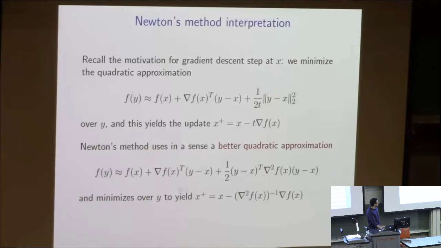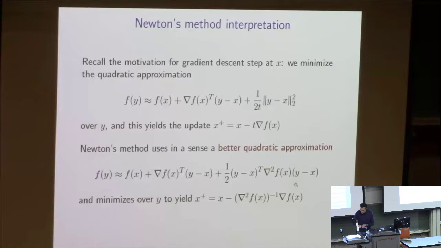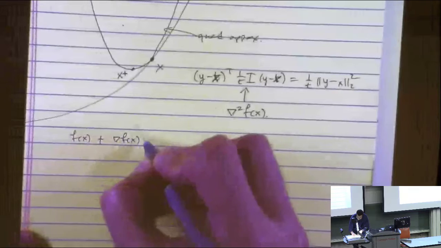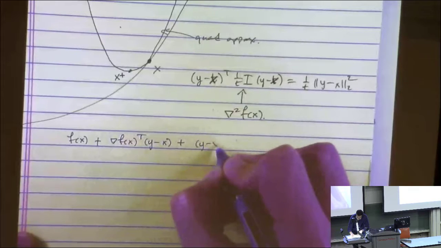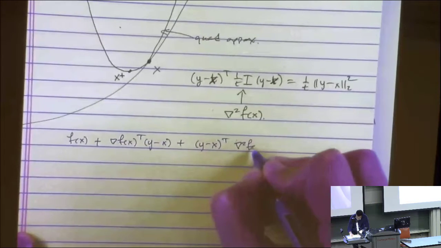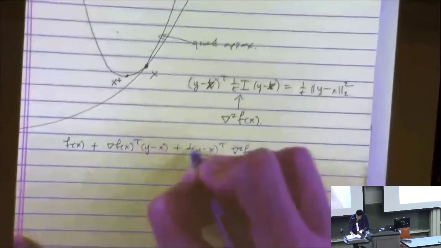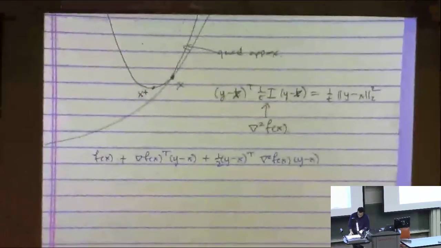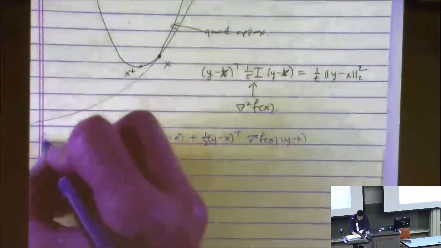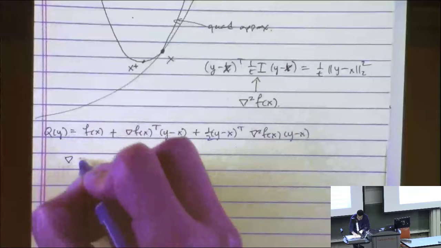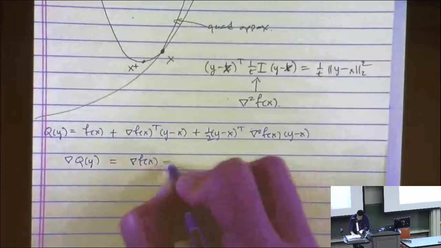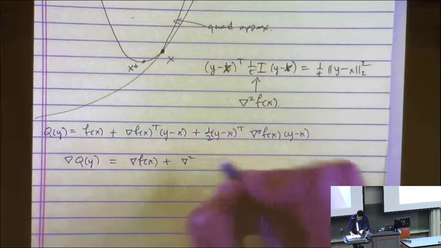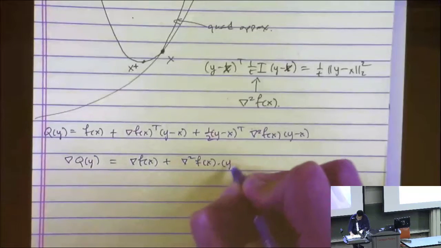This is just a quadratic in y, so if we take this quadratic approximation given to us by Newton, let's call it q of y, and take the gradient of q with respect to y, I'm just going to get the gradient of f at x plus the Hessian times y minus x.